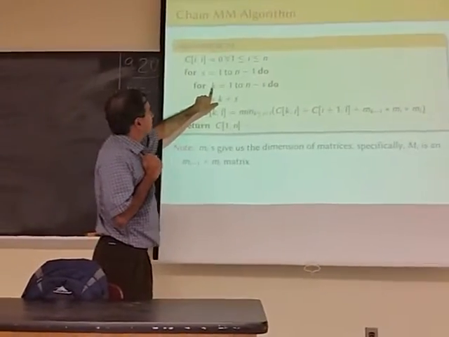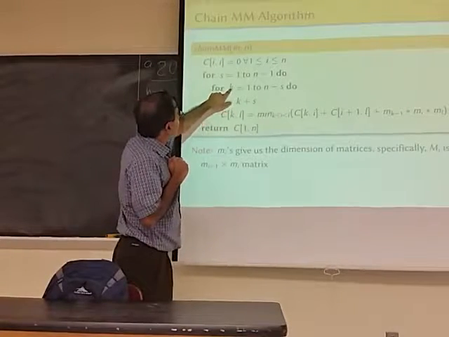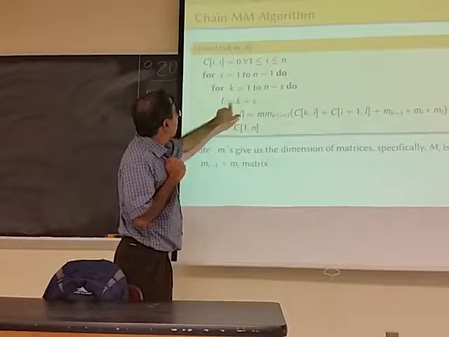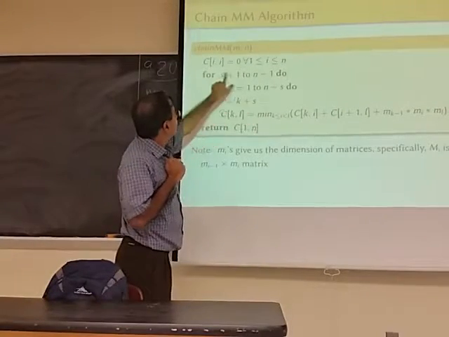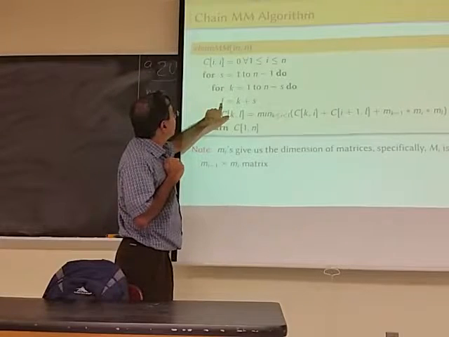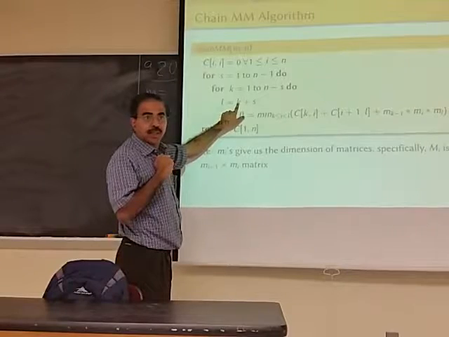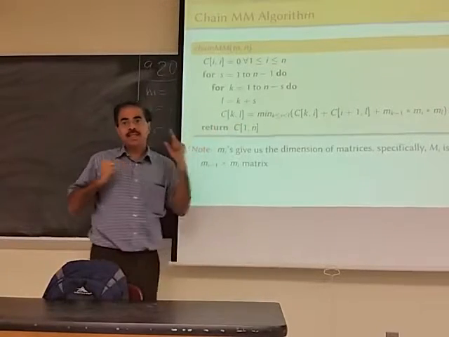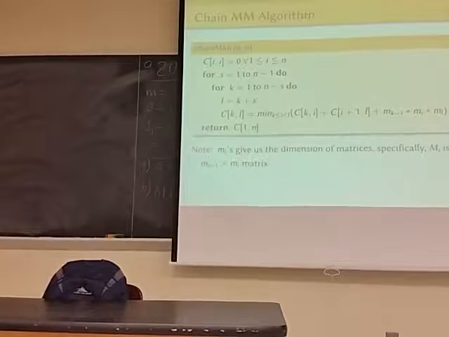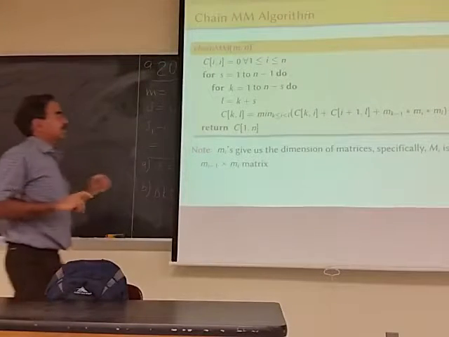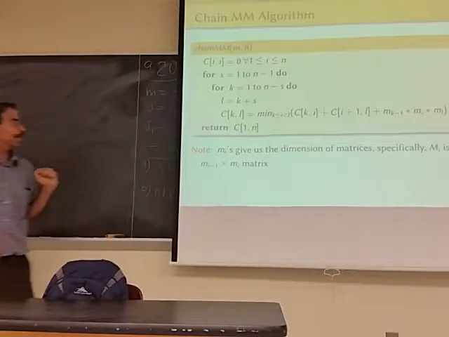It runs from position K to a position L, where L is obtained by K plus S. Remember, S is the length of the substring, so the end of the string is given by adding the length of the string to the beginning. K is the index position where the subproduct starts, and you want to go for S more things, so the ending place is going to be K plus S.